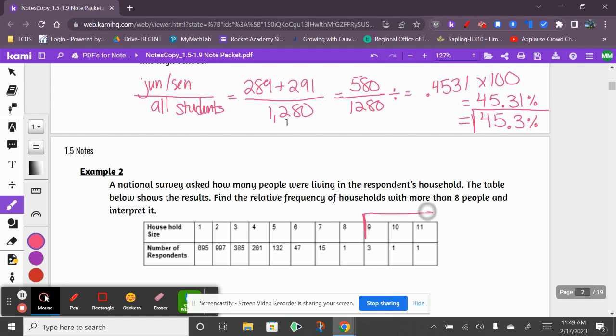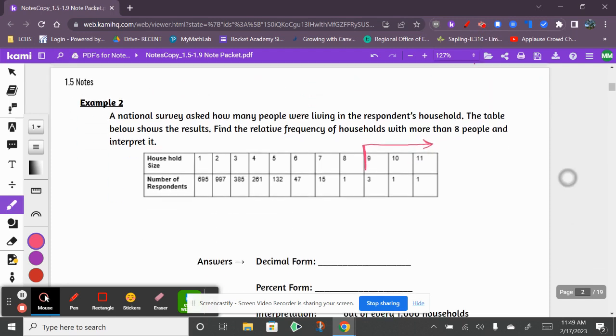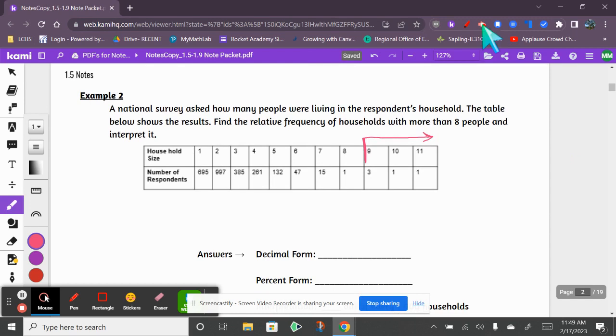We're only going to go to 9 and above. If we look at how many people are at 9 or above, it is 3 plus 1 plus 1, which is a total of 5.